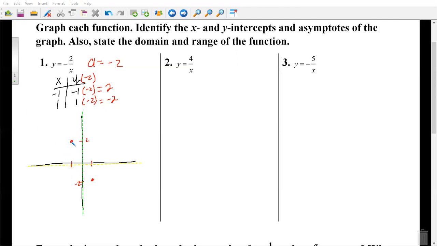Looking at my graph, I'm going to get as close to 0 as I go, but I don't actually touch it. Boom, boom. I'm going to get close. I don't actually touch it. Boom, boom. So I have a vertical asymptote at x equals 0. I have a horizontal asymptote at y equals 0.